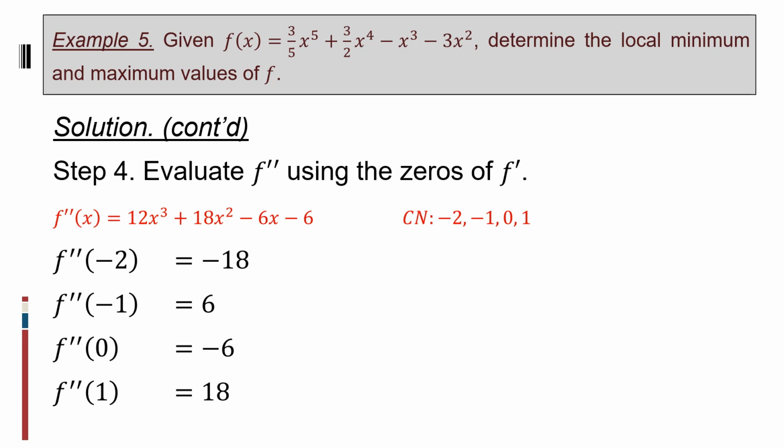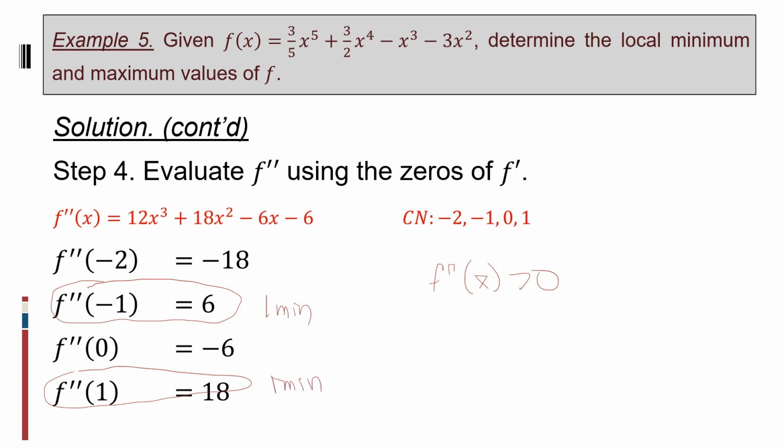Thus, meron tayong local minimum at x equals 1 and at x equals negative 1. Kasi f double prime of x is greater than 0. So, local minimum ito, local minimum din ito. And for f double prime of negative 2 and f double prime of 0, we have a local maximum.